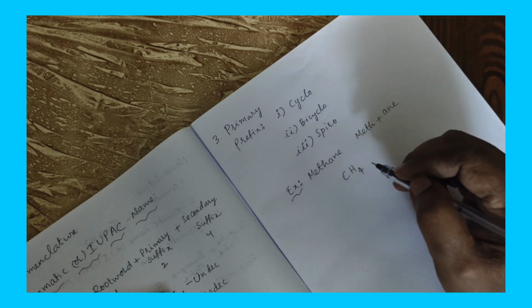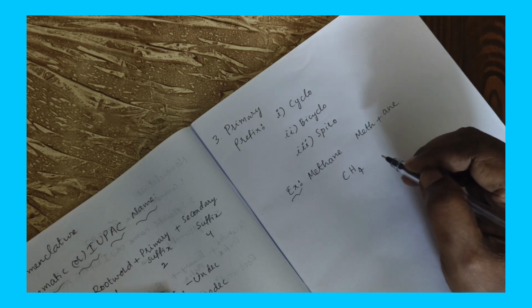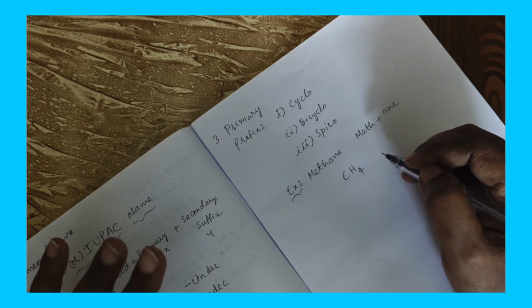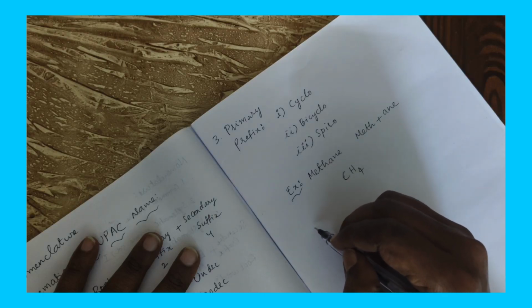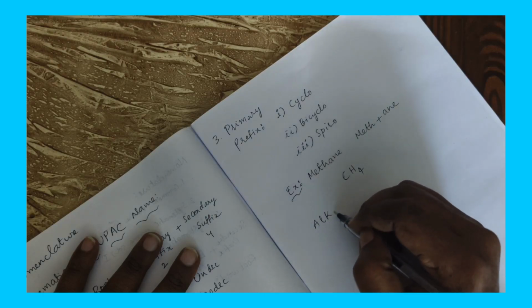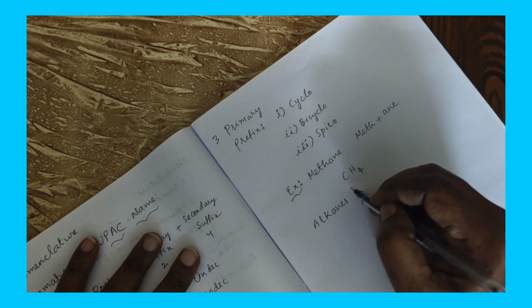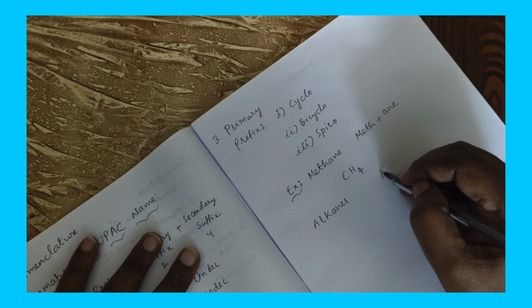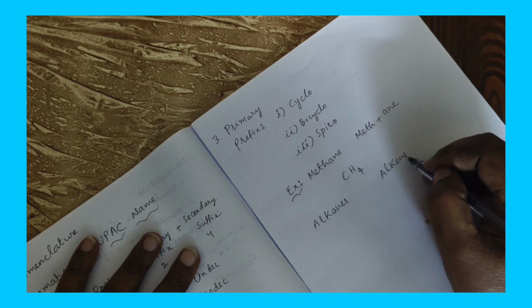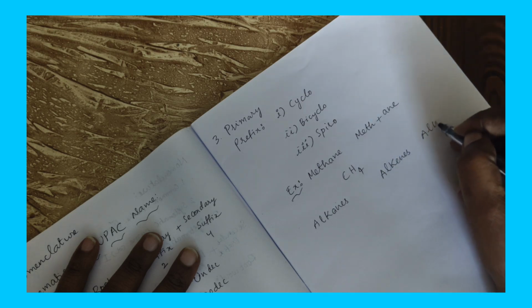We are going to look at three general hydrocarbons: alkanes, alkenes, alkynes. Methane comes under alkanes, and the other two are alkenes and alkynes.